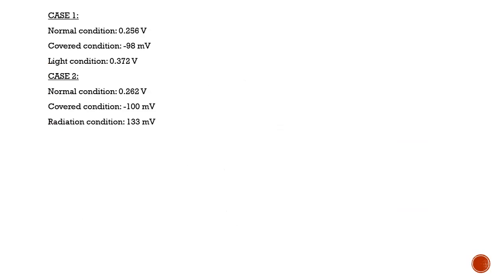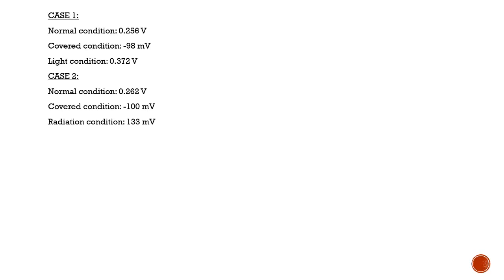In normal conditions we'll see a semiconductor inside that transistor, and it will deliver around 0.256 volts. But when the collector plate or metal is covered, so that no light reaches the transistor, it will deliver minus 98 millivolts. If we throw light at the transistor, it will deliver around 0.372 volts.